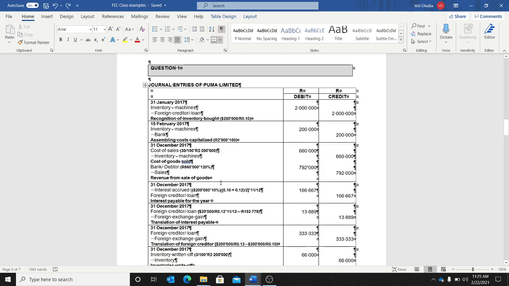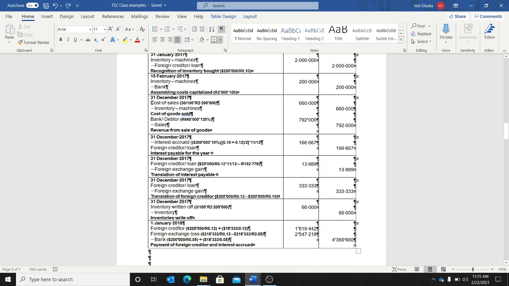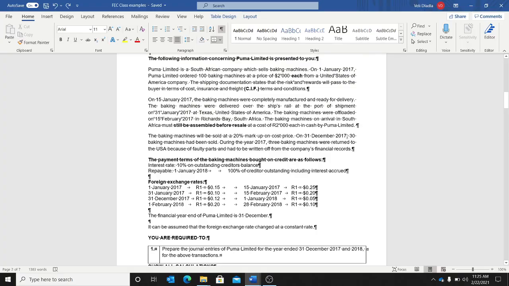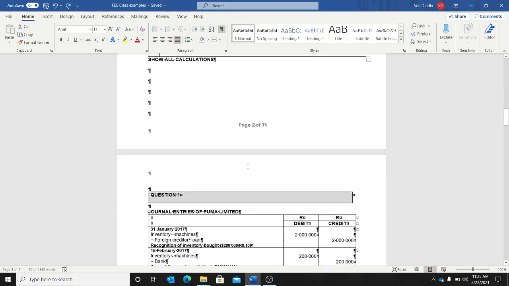Then you look at the journal entry here, where it says cost of sales. It says 30 divided by 100 because you've sold 30 here. You sold 30 out of the 100, right?